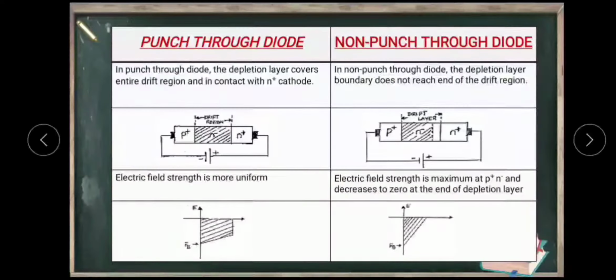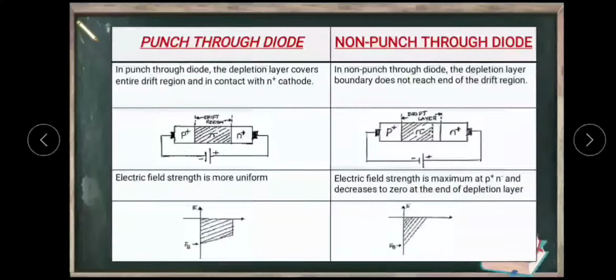It's very simple. In a punch through diode, the depletion region covers the entire drift region. In a non-punch through diode, the depletion region does not reach the end of the drift layer. This is the main difference between punch through and non-punch through diode.